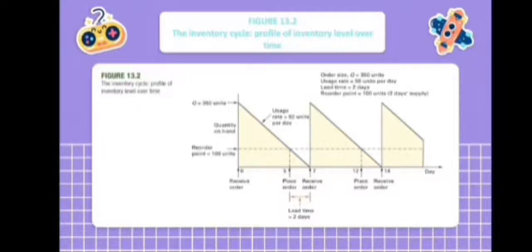When the quantity on hand is just sufficient to satisfy demand during lead time, an order for Q units is submitted to the supplier because it is assumed that both the usage rate and the lead time do not vary. The order will be received at the precise instant that the inventory on hand falls to zero. Thus, orders are timed to avoid both excess stocks and stockouts.